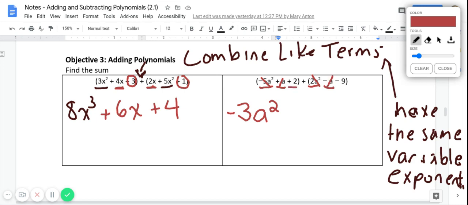Now we have a 2 and a negative 9. So what's 2 plus negative 9? Minus 7. All right. That's how you find the sums of polynomials. You combine the like terms, and remember that like terms are the terms with the same variable exponent. So they have the same exponent attached to the variable.